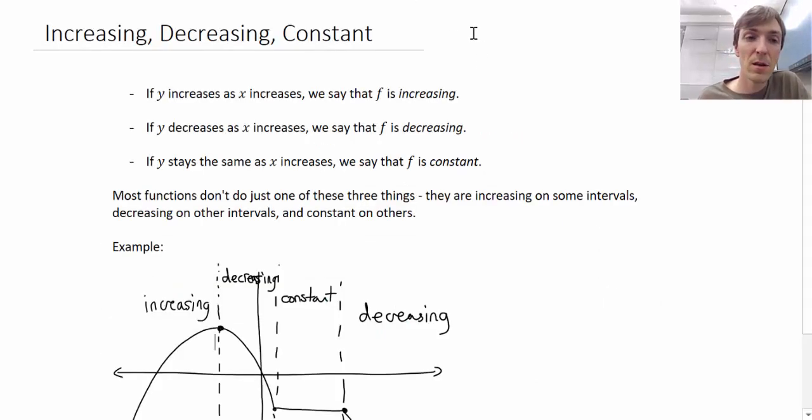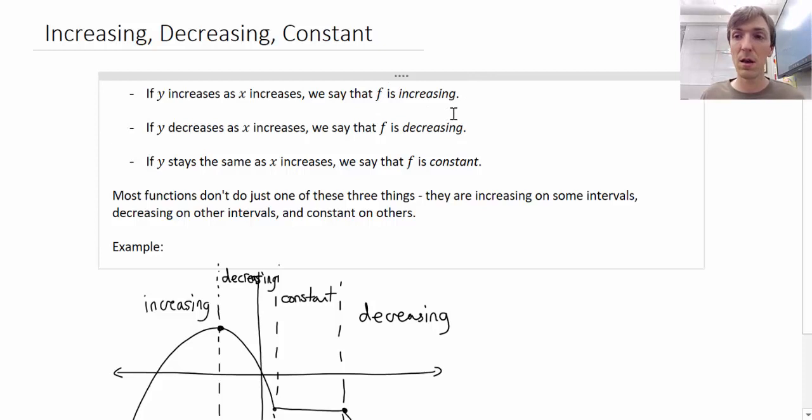Okay. So this is about the words increasing, decreasing, and constant. All right, so very important to follow along. Say that throughout this entire slide, this entire talk, we're imagining what is happening as x is increasing. So suppose that as x increases, y increases as well. Then we say that the function as a whole is increasing.